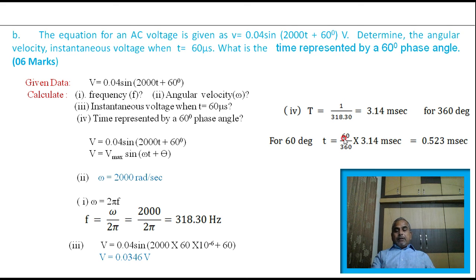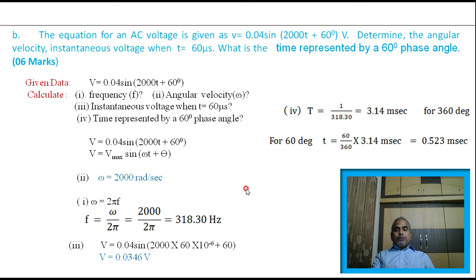Therefore, for a 60 degree phase angle, the time is 0.523 millisecond. This is a very simple numerical on AC fundamentals.